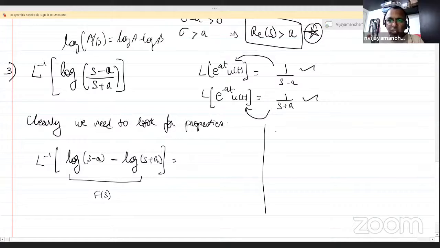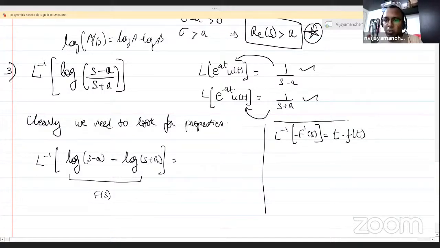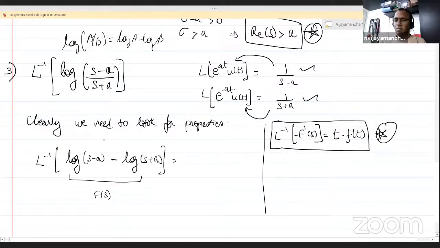Now what is the property I am going to look for? Laplace inverse of minus f dash of s is t into f of t. This is a very important property which comes in handy. So let's see.